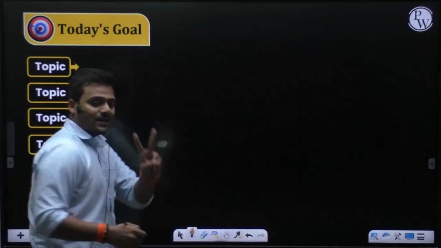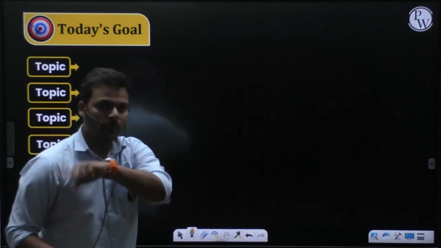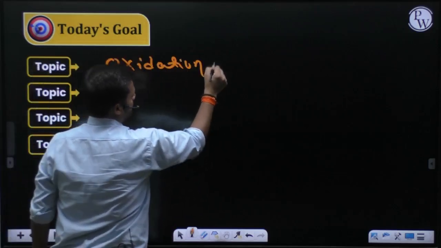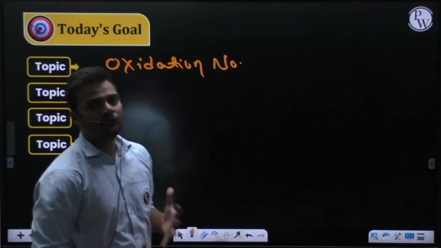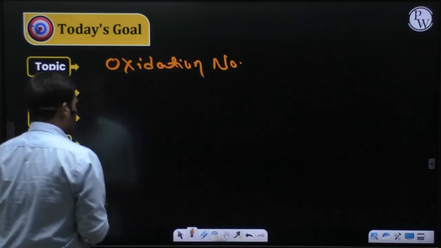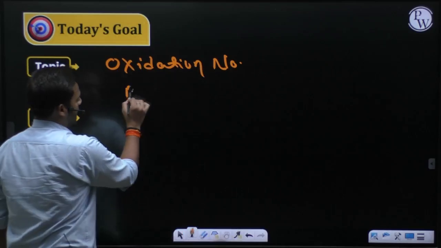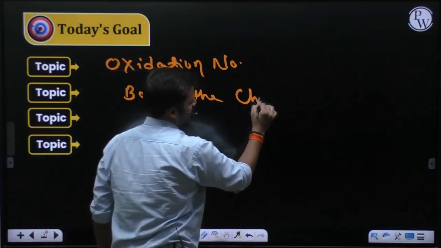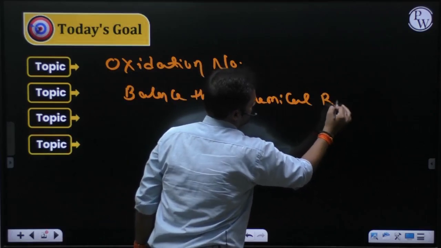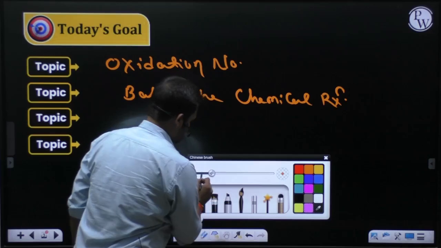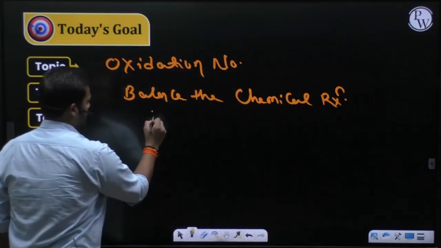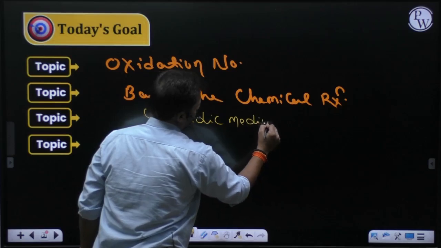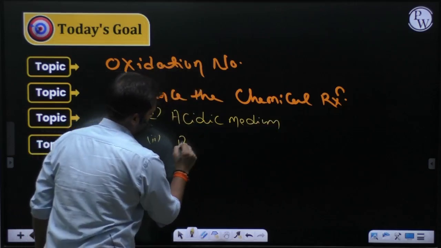So there are two goals that I'm setting for you. First of all, we'll be discussing how to find the oxidation number. And secondly, we'll try to figure out how to balance a chemical reaction in two mediums, in acidic medium as well as in basic medium, right?